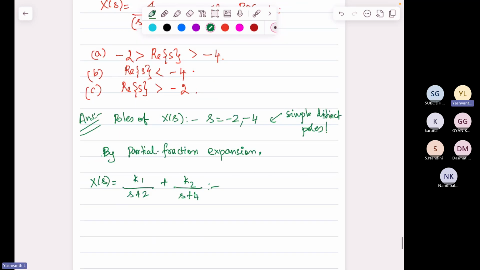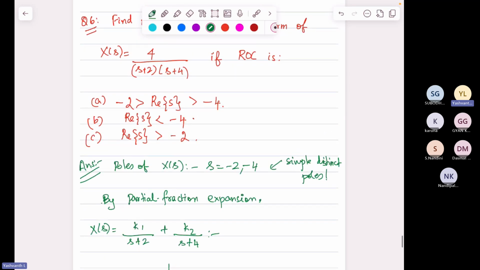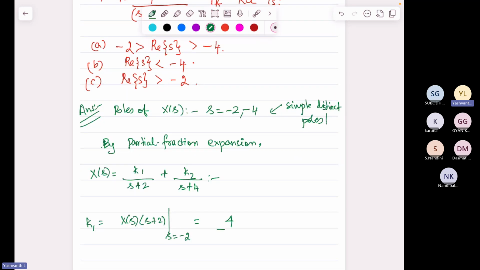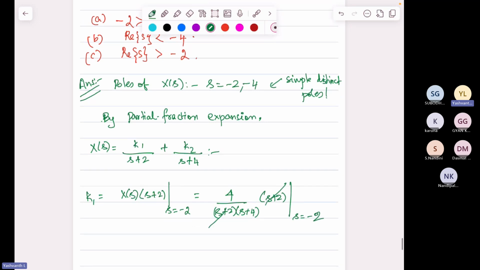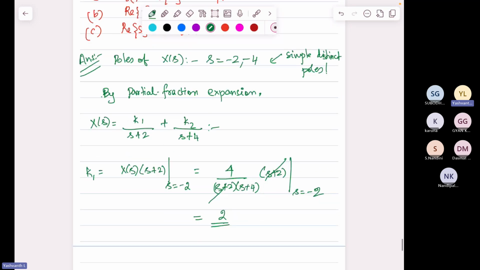What is k1? k1 equals x of s into (s plus 2) at s equal to minus 2. But what is x of s? X of s is given to be 4 by (s plus 2) into (s plus 4), into (s plus 2) at s equal to minus 2. So this and this will get cancelled. At s equal to minus 2, this comes out to be 2.